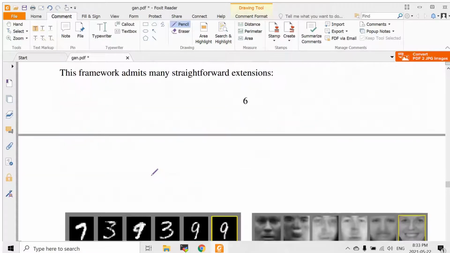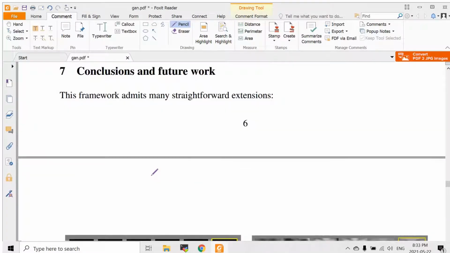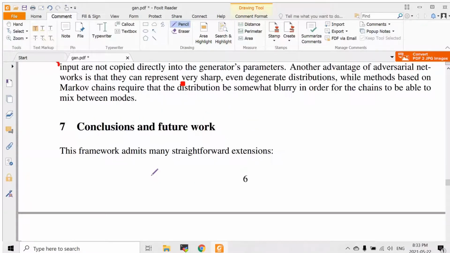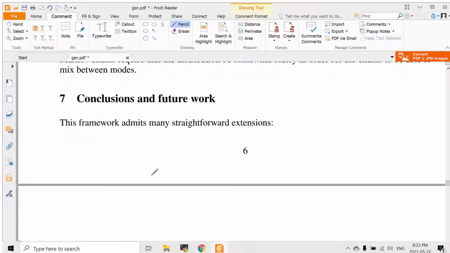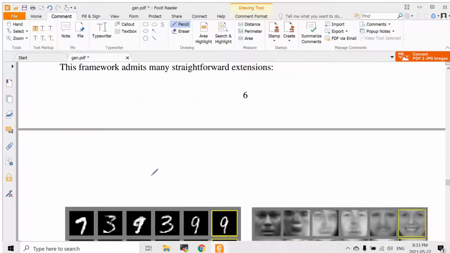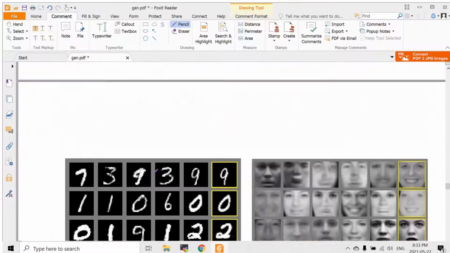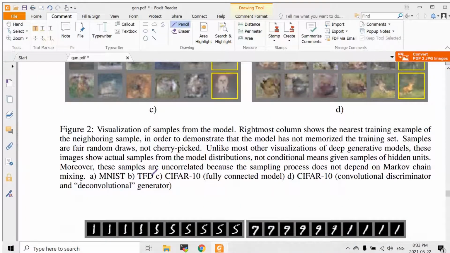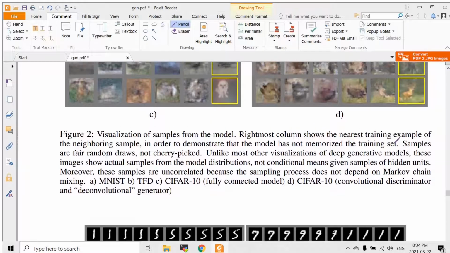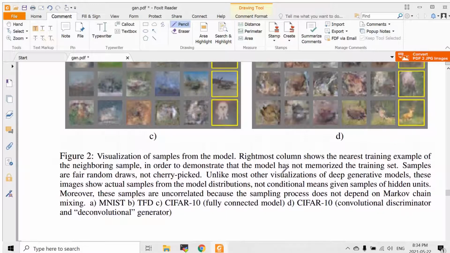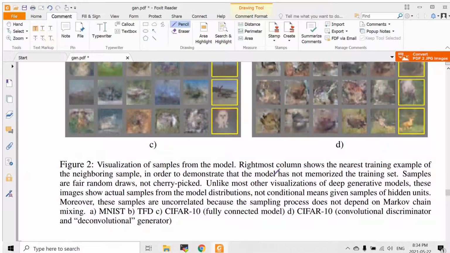Okay, so we're going to the conclusion and future work now. This framework admits many straightforward extensions. Basically, they have shown here a visualization of samples from the model. The rightmost column shows the nearest training example of the neighboring sample in order to demonstrate that the model has not memorized the training set.